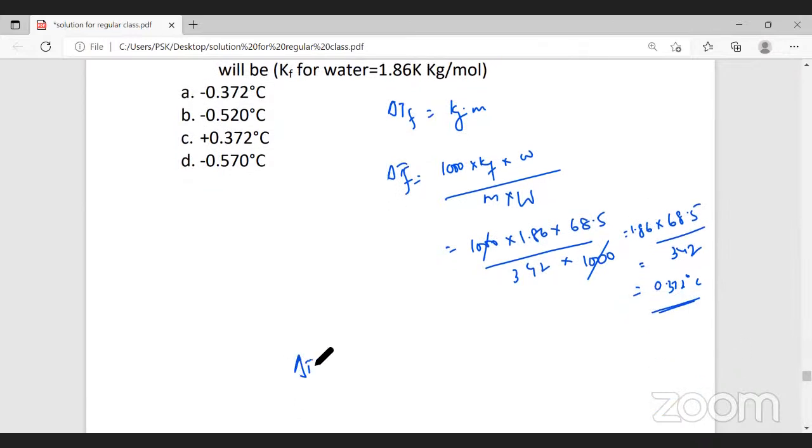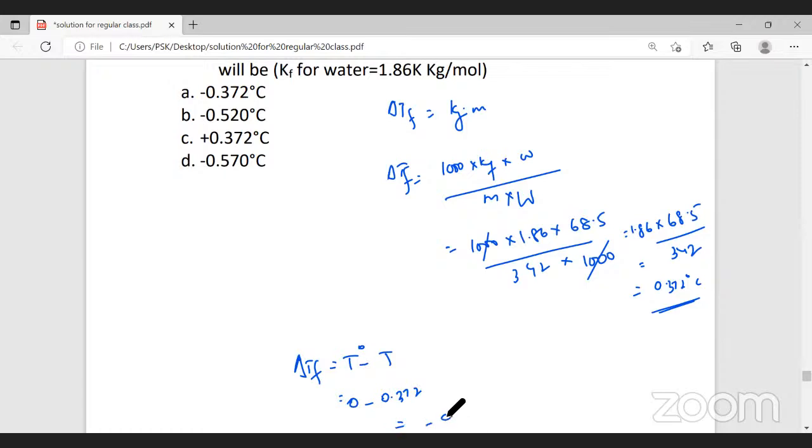What is delta TF? Delta TF is T naught minus T. T naught is of the pure solvent, and T is of the solution. So what is the freezing point of the pure solvent? It's in degrees Celsius. Pure solvent freezes at 0 degrees, and the solution is minus 0.372.